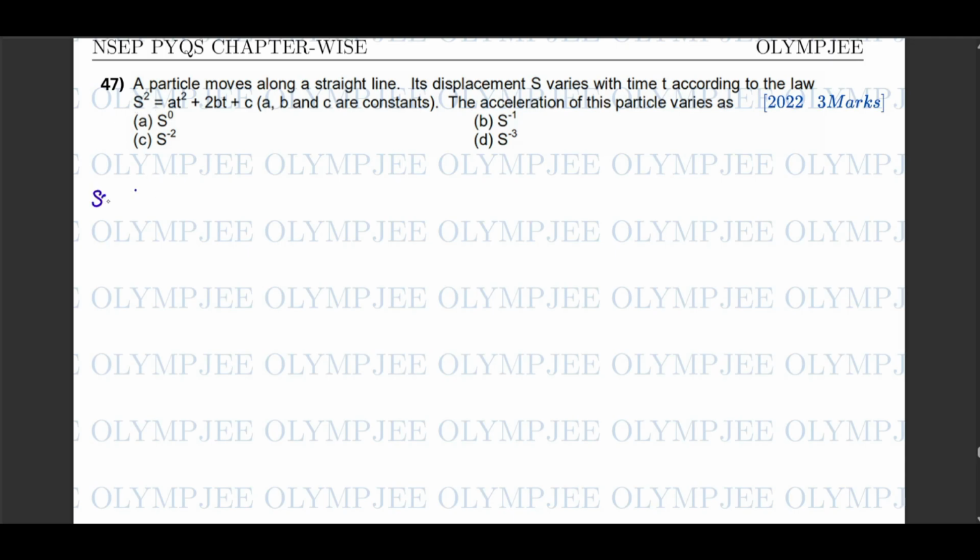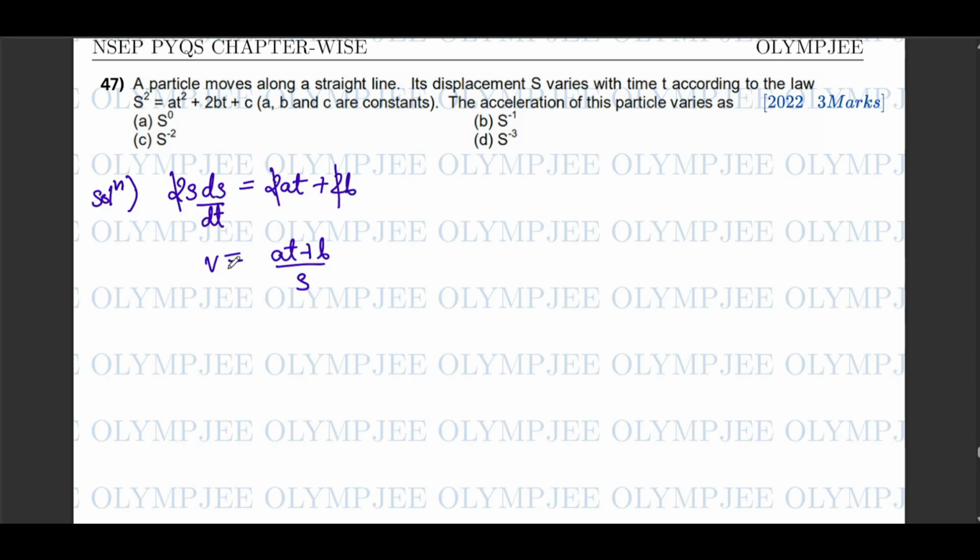So 2s ds by dt is equal to 2at plus 2b, and we can cancel 2. Now ds by dt is v, so we can write v as (at plus b) by s.